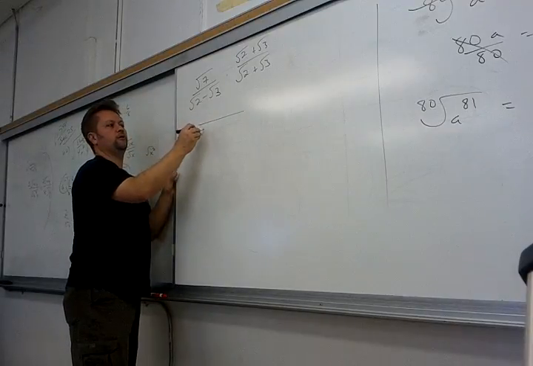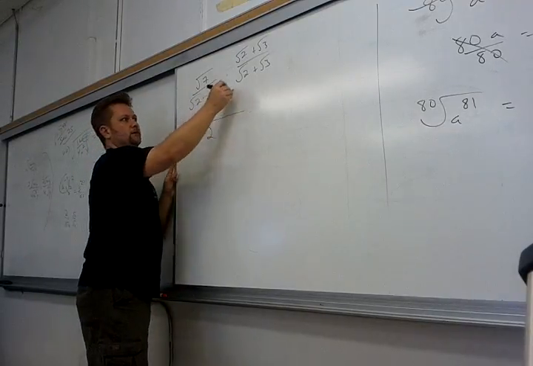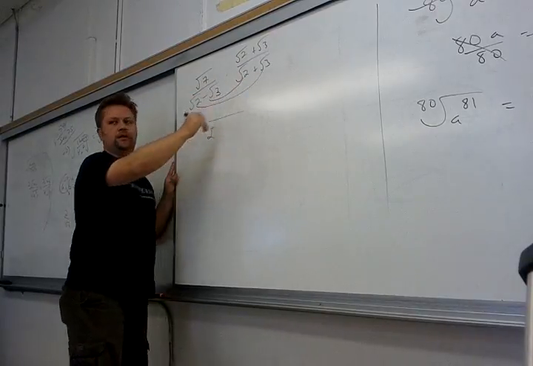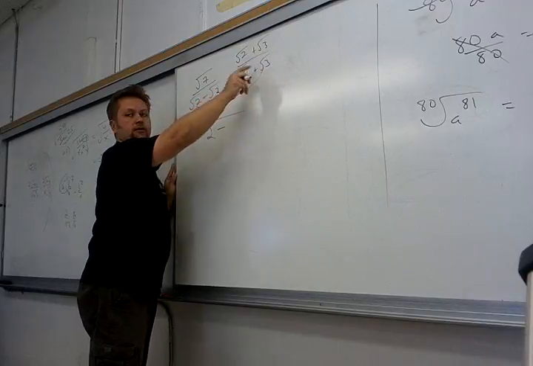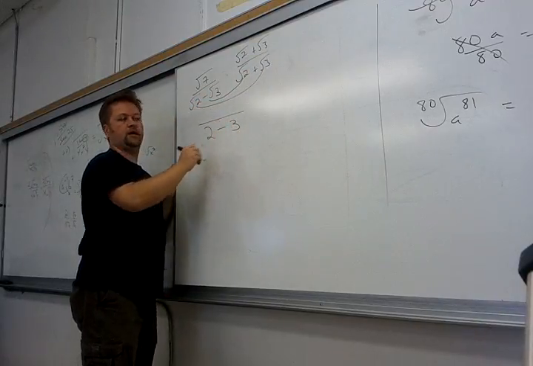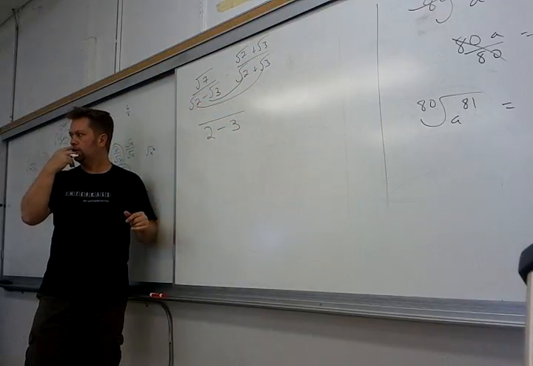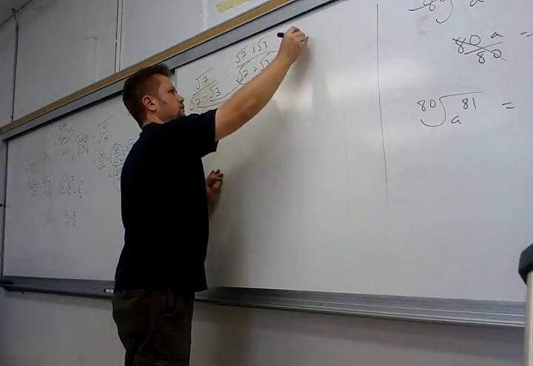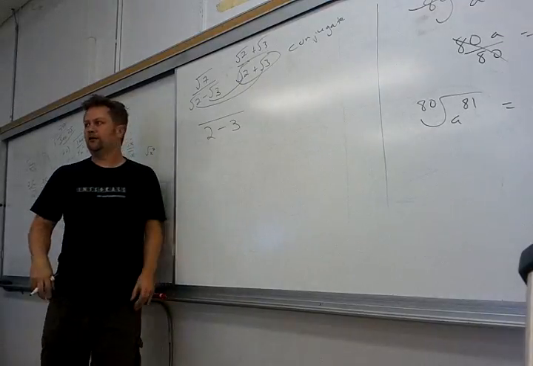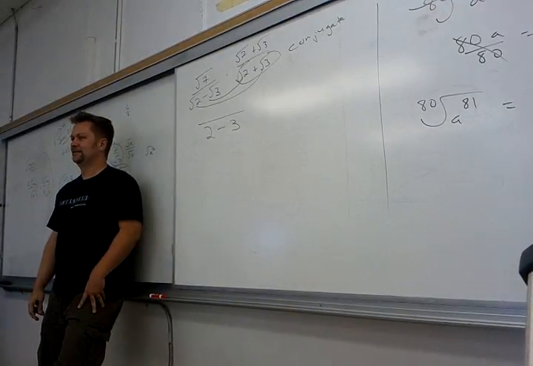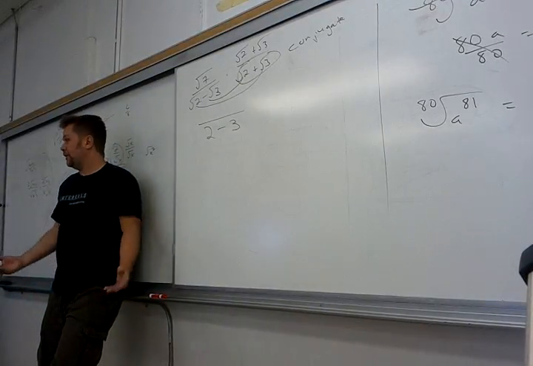Square root of 4, which is 2. Minus radical 6 plus radical 6, so that cancels. Minus, what's root 3 times root 3? Square root of 9, which is 3. So this is called the conjugate, which is a big fancy word for change the sign in the middle. That's all it is.